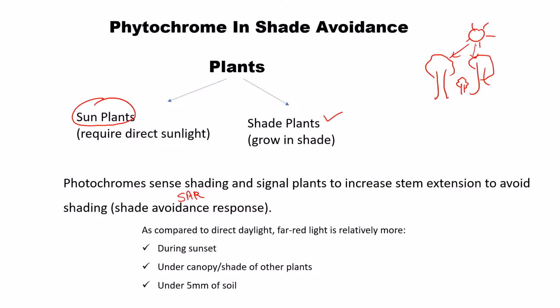Let's imagine that this is a sun plant that requires direct sunlight, growing under the shade. What will it do? There are phytochromes that will sense this shading and signal the plant to increase stem extension.